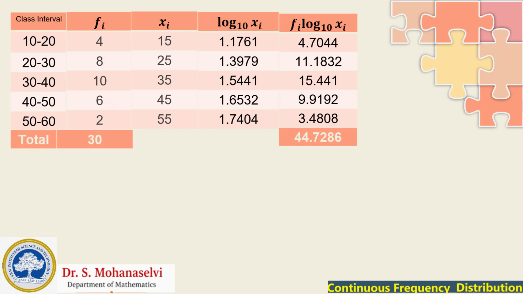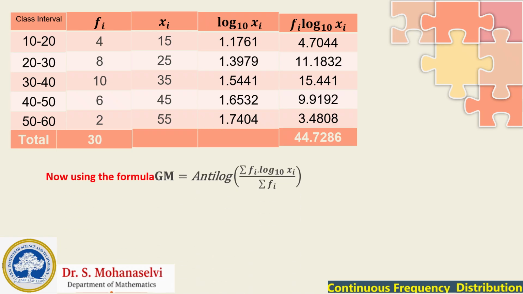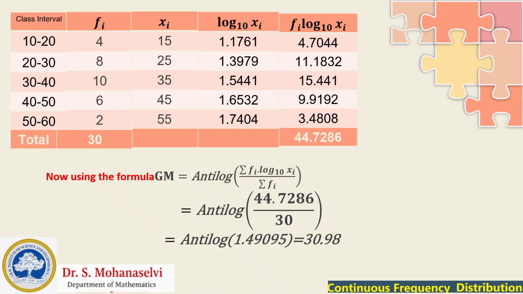Now the total frequency is 30. Now we use the formula: geometric mean is equal to antilog of summation fi into log xi divided by summation fi. It is antilog of 44.7286 divided by 30. That is antilog of 1.49095, which is equal to 30.98.